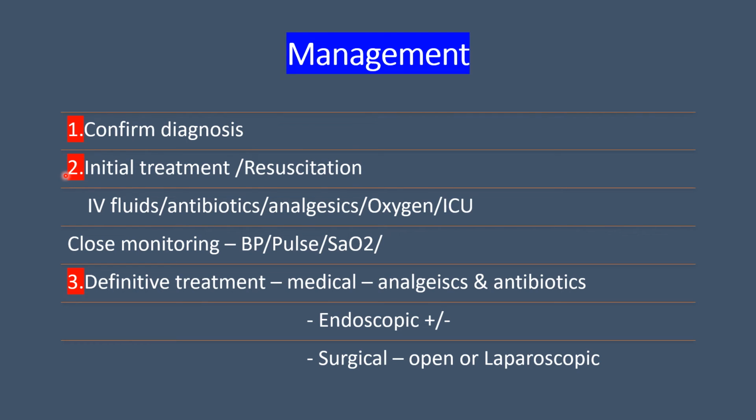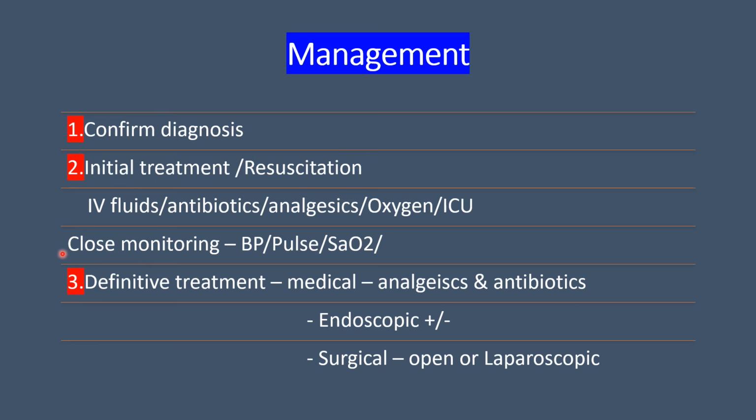Then continue with initial treatment or resuscitation with IV fluids, electrolytes, antibiotics, analgesics, and if the patient shows signs of septicemia or infection, which is not there in this patient, you may have to admit the patient to ICU and give oxygen. In the process, you do close monitoring of the patient: blood pressure, pulse rate, oxygen saturation, and urine output.